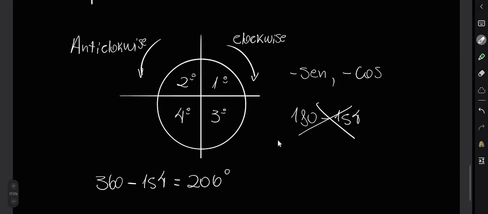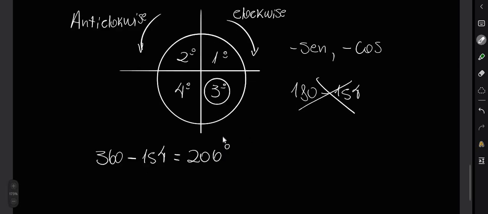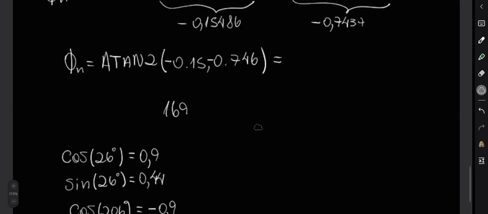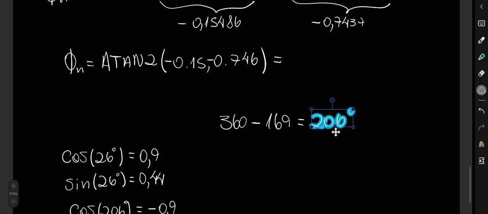As both sine and cosine are negative, that means the angle is in the third quadrant, and what we do is subtract from 360 the value that we got, which is equal to 199.